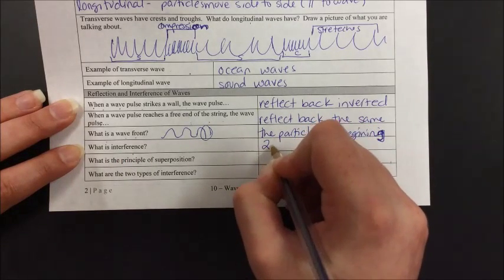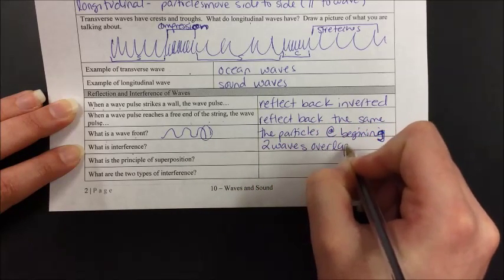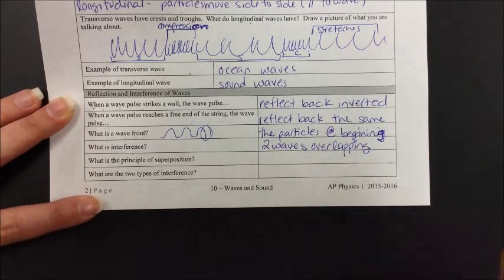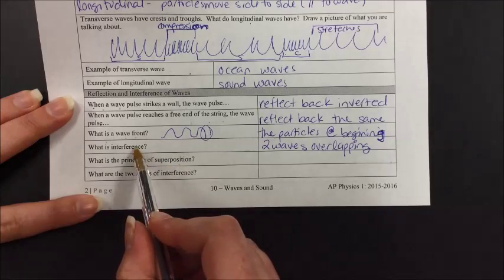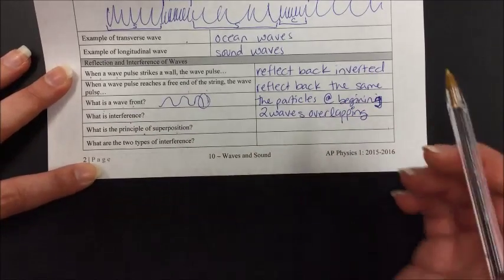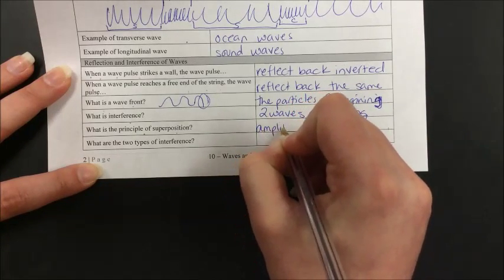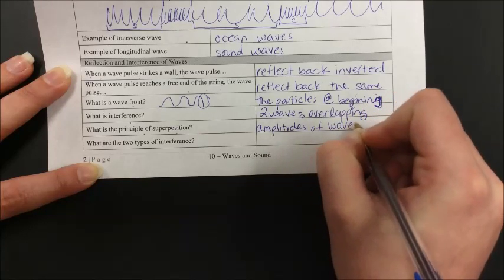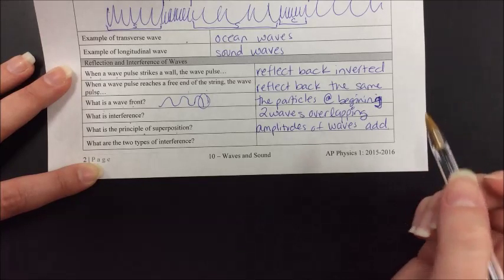Interference is going to be two waves overlapping. The principle of superposition is that when those two waves interact with each other and overlap, the amplitudes of the waves add together. So if you have a negative amplitude, then it will subtract from the other one.